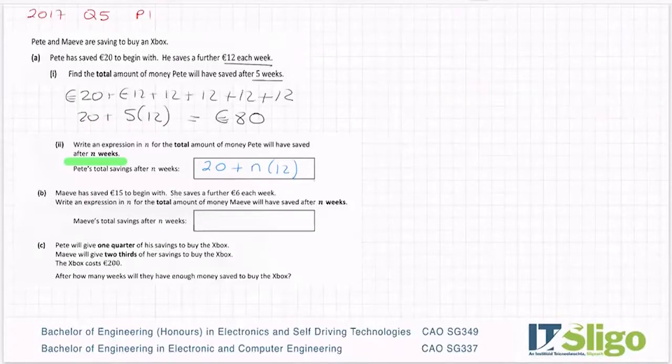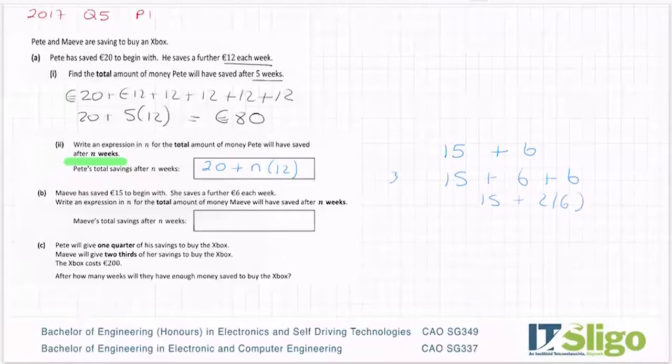Maeve has saved 15 euros to begin with. She saves a further 6 euros each week. Write an expression in N for the total amount of money Maeve would have saved after N weeks. So again, Maeve is going to save 15 plus 6 in week 1, 15 plus 6 plus 6 in week 2, which is 2 times that 6.